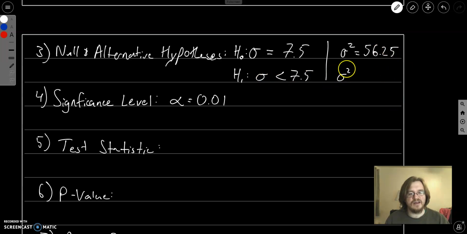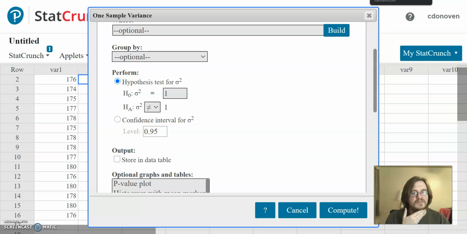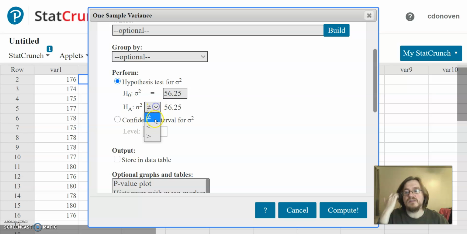Likewise, the alternative hypothesis becomes sigma squared is less than 7.5 squared, and 7.5 squared is 56.25. So when I plug this in, I want the null to be sigma squared equal to 56.25, and the alternative hypothesis is that sigma squared is less than 56.25.